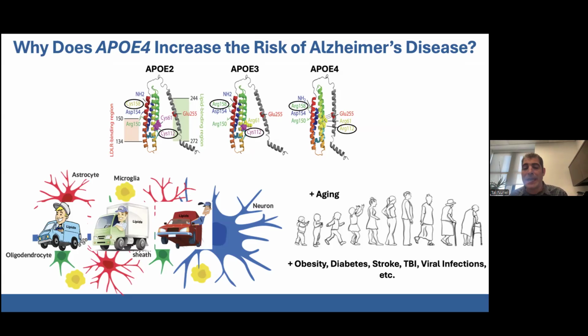And then when you add in things like obesity and diabetes and stroke and TBI and infections and all these other things that have been shown to increase the risk of Alzheimer's disease, especially in ApoE4 carriers, some of these problems start to multiply, especially because if a neuron's injured, it needs more cholesterol for synaptogenesis and different things that maybe ApoE4 isn't doing quite as well.